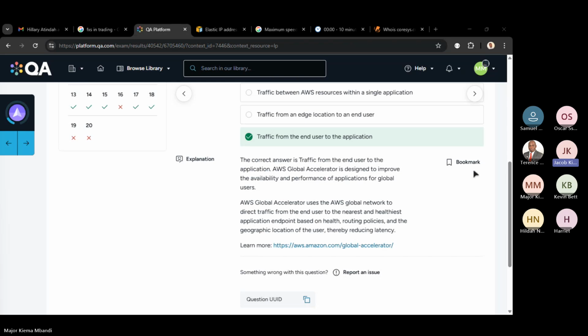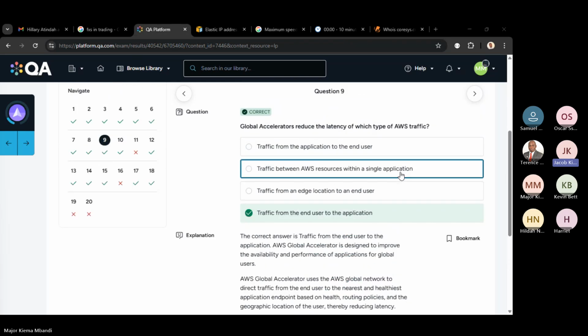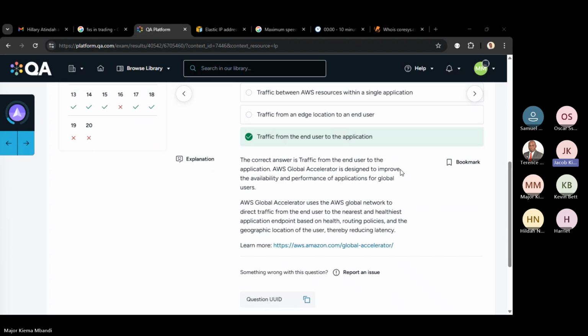So I think this is in contrast to CDN, as we were seeing with the CDN, but this is more targeted to the application. If you're targeting an application, this is where the Global Accelerator would look at the application itself being readily available. This works a bit differently.